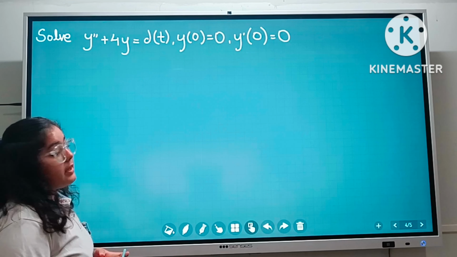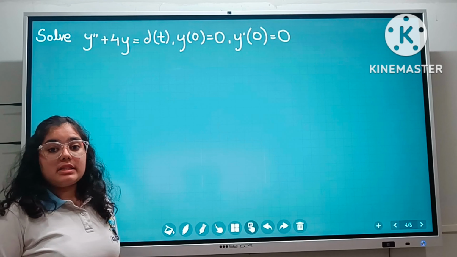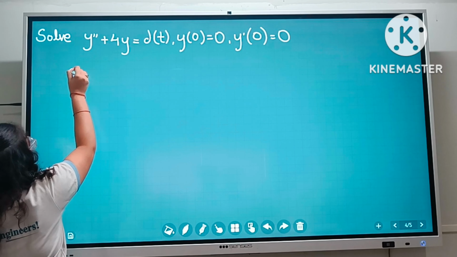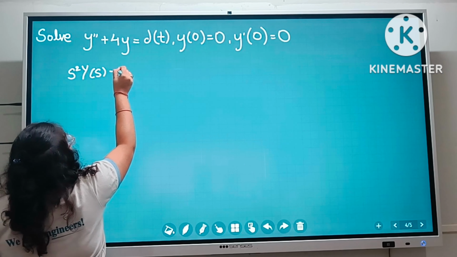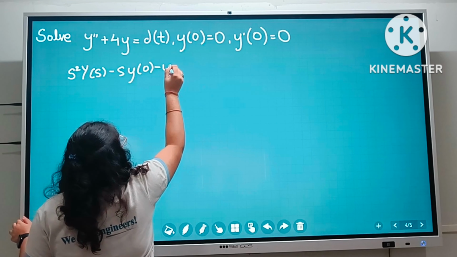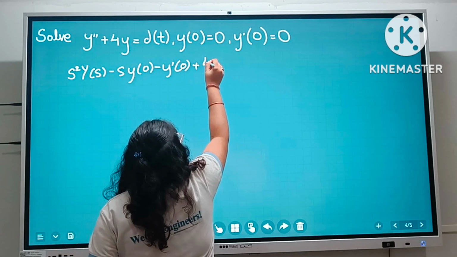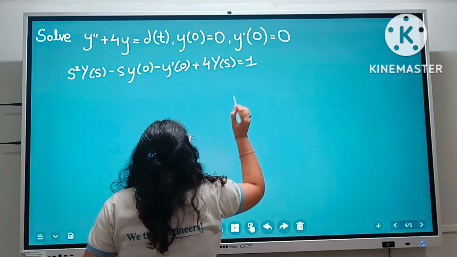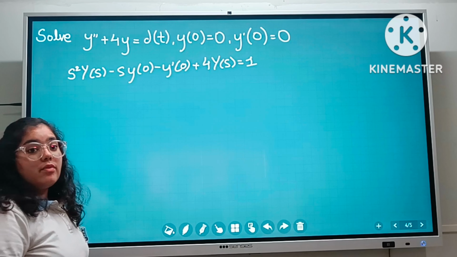Further, taking one more example of a linear differential equation, we will see this example. To solve this example, we take the Laplace transformation on both sides. Using the Laplace transformation of the derivative, we can write the equation, substituting the values of y of 0 and y dash of 0.